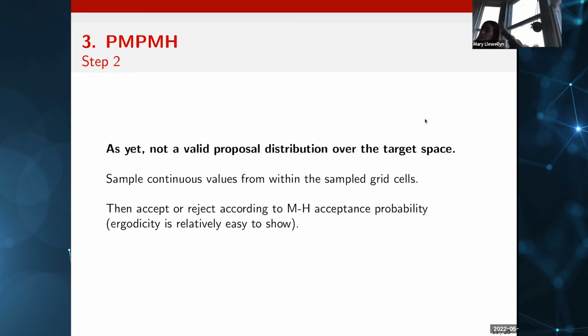I'll get into a bit more what suitable choices are. But for now, we can say that we've added this step to ensure matching between the proposal and the target spaces. And I've put here that it's relatively easy to show that the arising proposal distribution results in a procedure ergodic with respect to the target distribution.